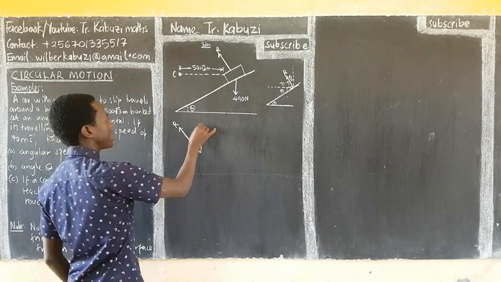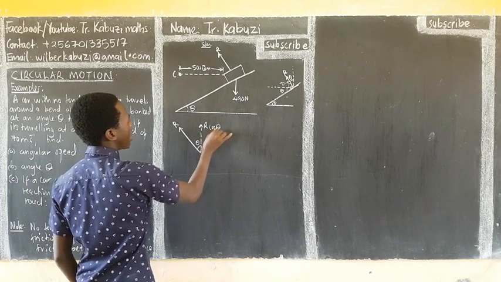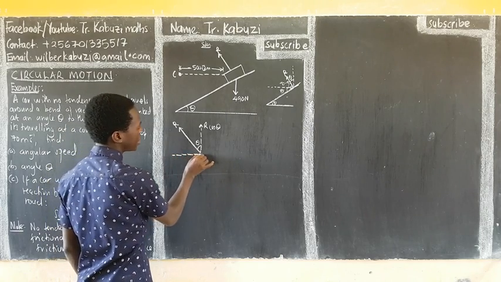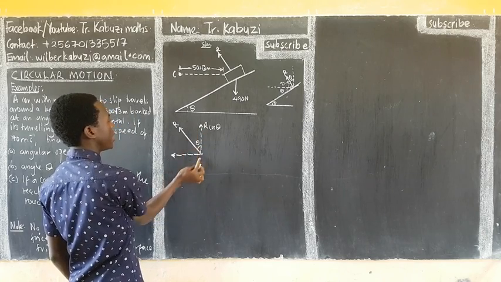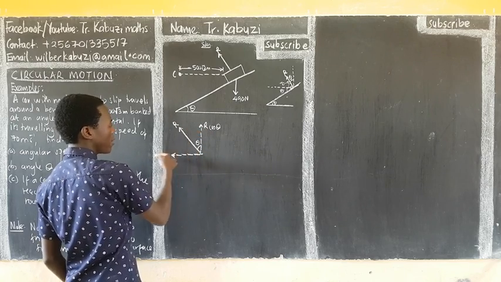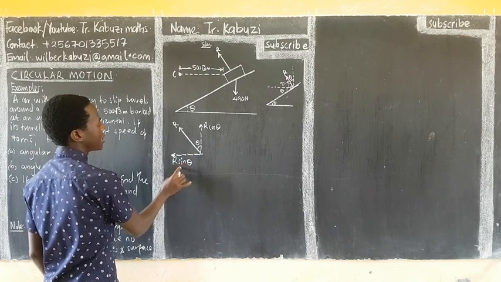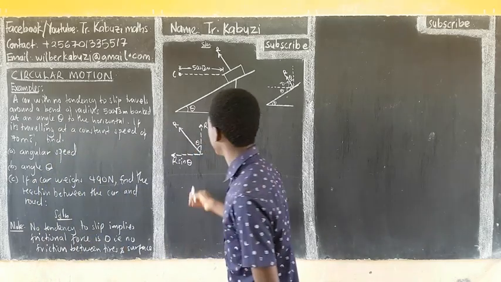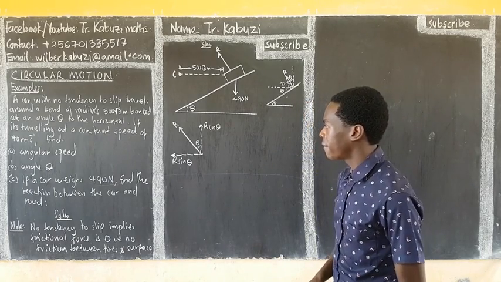This is the adjacent, so it is R cos theta, as I showed you in our first lessons. The opposite side is going to be R sine theta. Sine goes with opposite, and cos goes with adjacent.